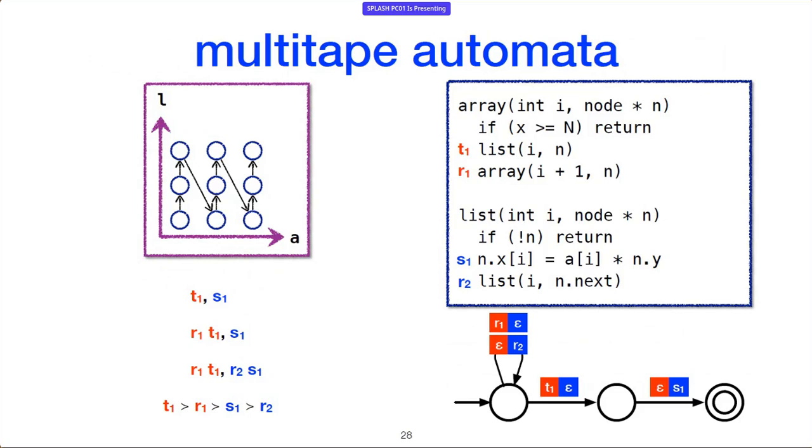In this case, a red tape and a blue tape. And every one of those control words you can think about as being generated by some accepting path through this automaton, where we take the red tape and concatenate it with the blue tape. Okay? So that's basically our iteration space representation. It's a finite representation of this recursive space. It works for lists, it works for trees, anything recursive.